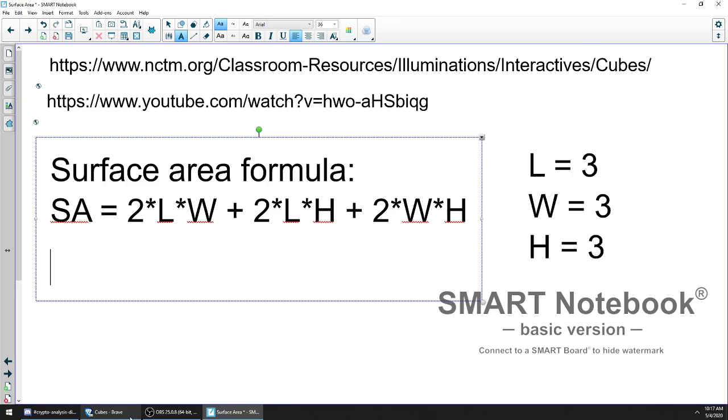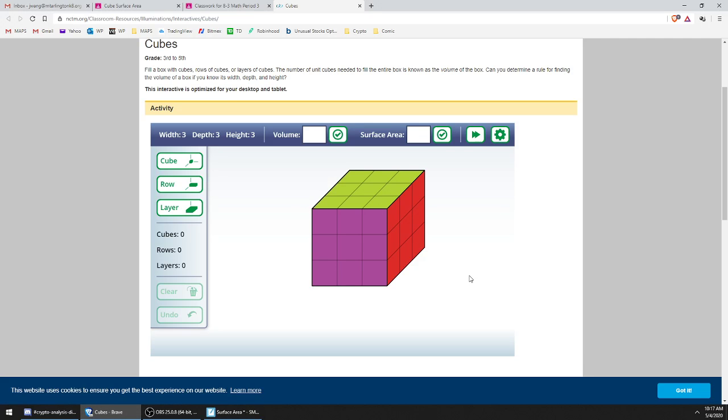Well, let's look at this. Length times width. If I look at this cube, where's my length? Here's my length right here. Right here. And what's my width? Kind of like how deep it can go. Right here and right here. So when I look at this figure, length times width, which color face am I looking at?